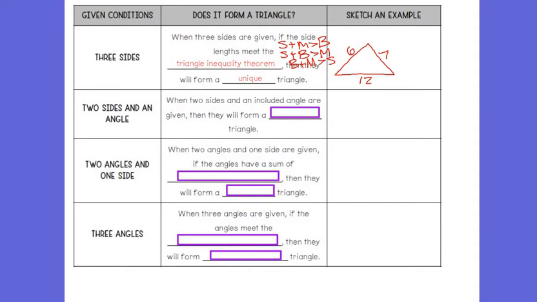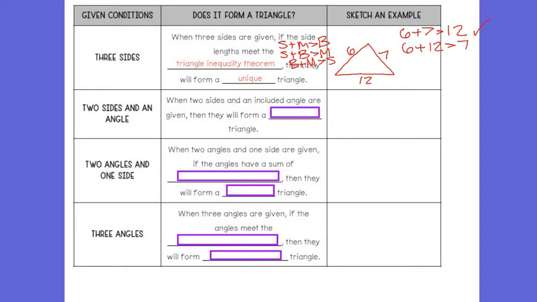To know if those are true sides of a triangle, I have to test it with the triangle inequality theorem. Which means I have to test it with these inequalities. So I'm going to add the 6 plus the 7, and it's got to be greater than 12. Is 6 plus 7 greater than 12? Yes. So I'll check that off. You're writing this as well. Then I'm going to do a 6 plus 12 has to be greater than the 7.